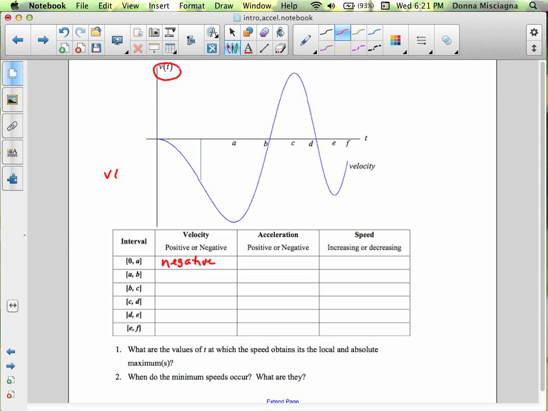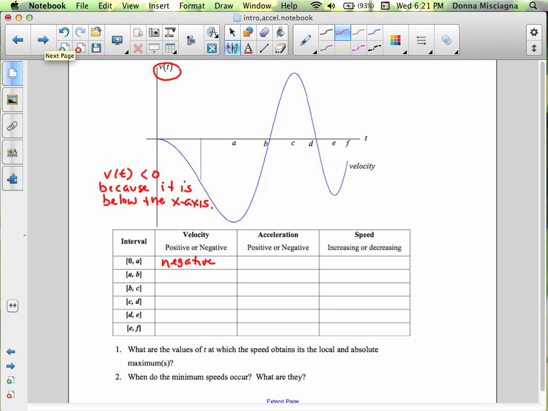So v of t is negative because it is below the x-axis. I don't know why I said graph. So when the graph of velocity is below the x-axis, it's going to be negative.